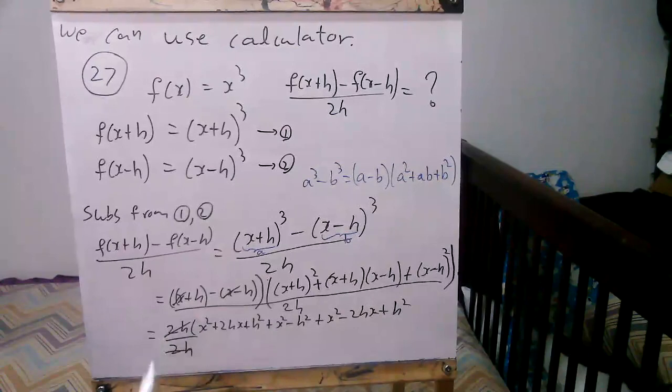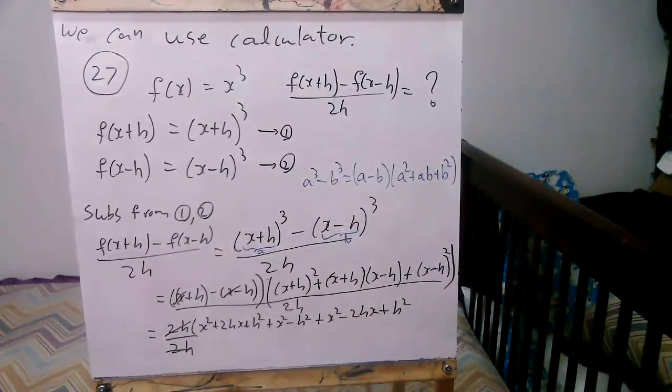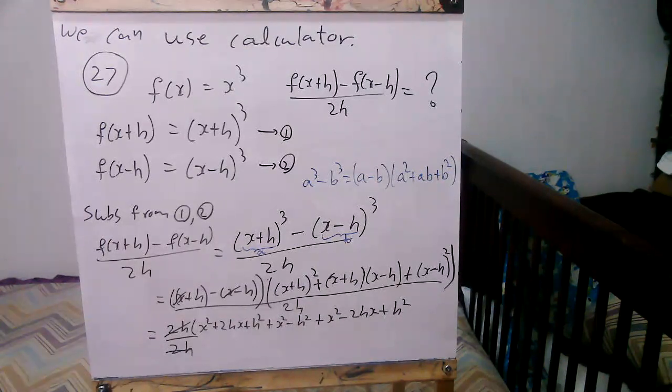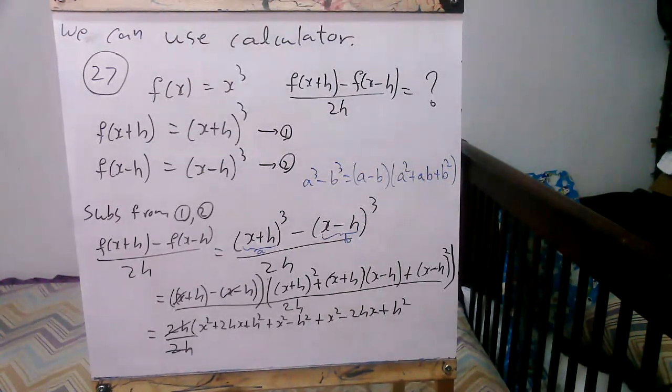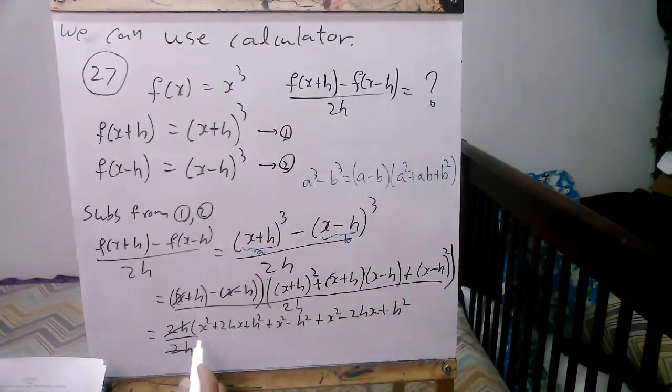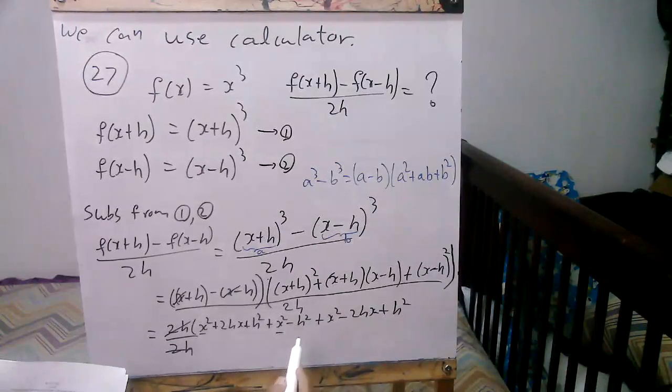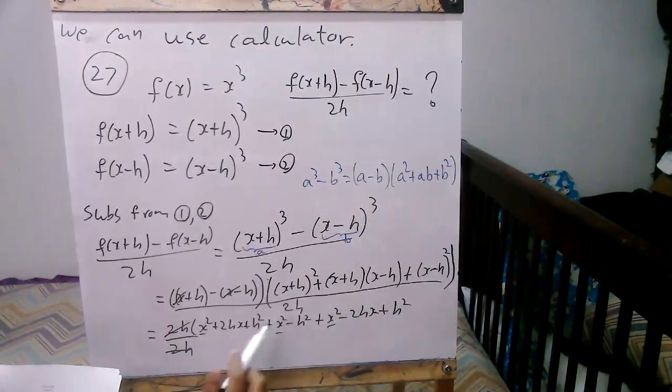This 2h and 2h cancel out. x squared plus x squared plus x squared is equal to 3x squared.